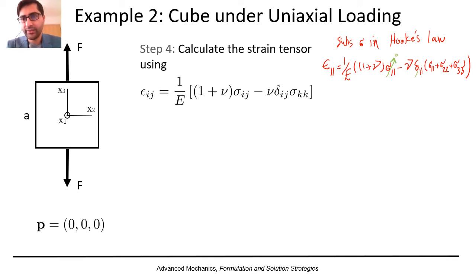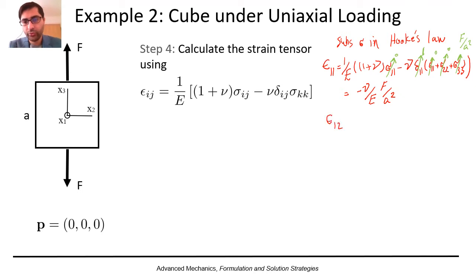We know that sigma 1, 1 is 0. We know that delta 1, 1 is 1. And we know that this one is 0, this one is 0, and this one is F divided by A squared. So it gives us epsilon 1, 1 equal to 1 over E multiplied by minus nu multiplied by F over A squared.